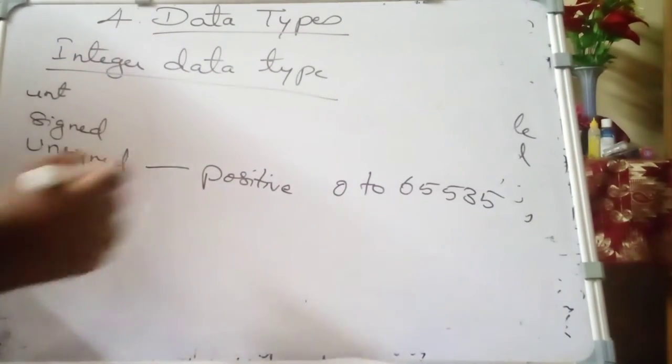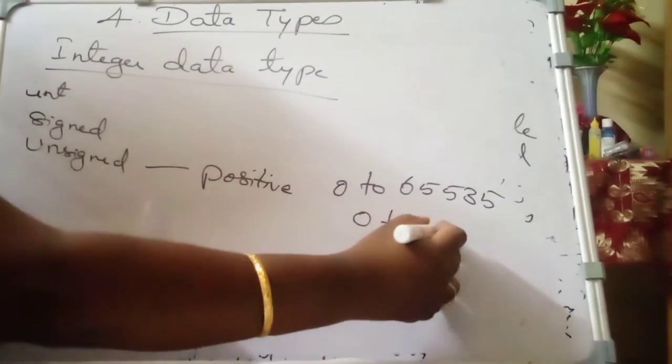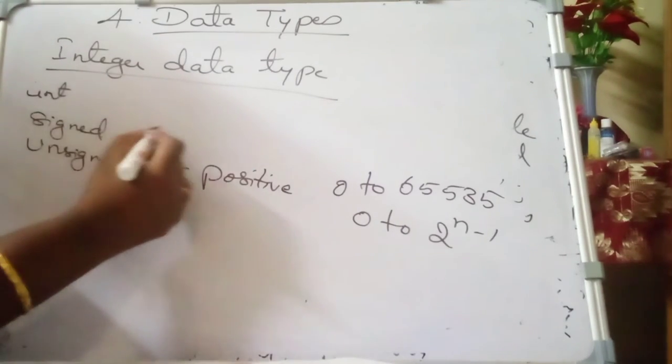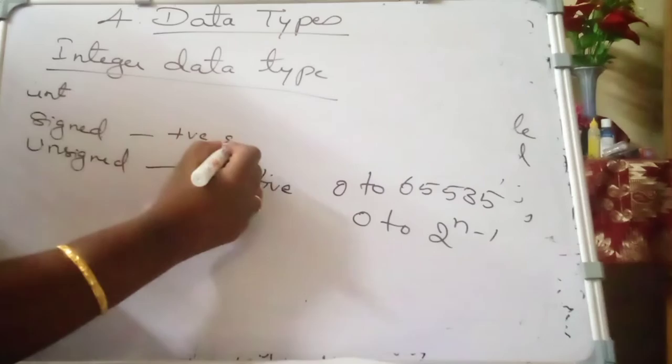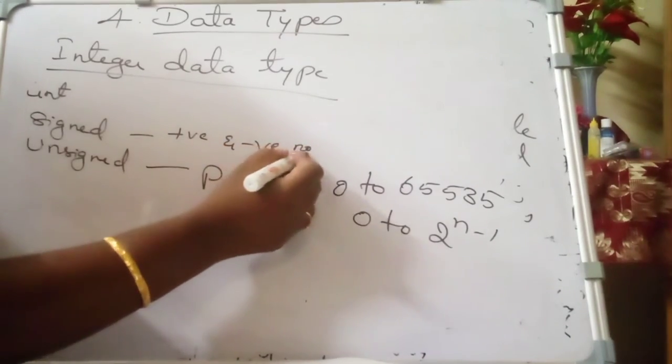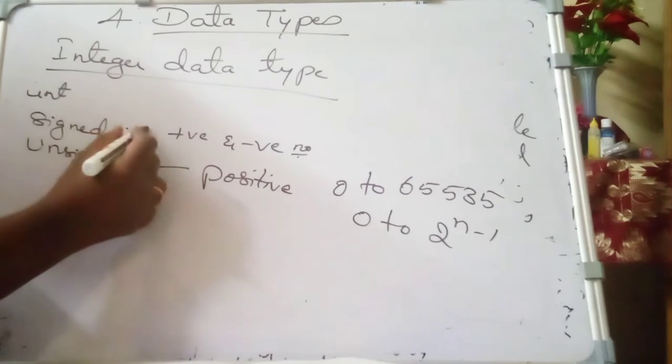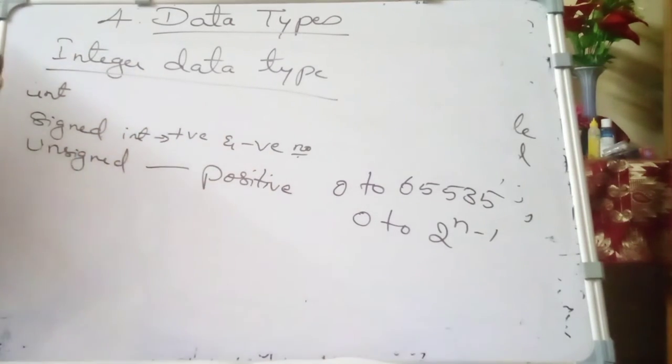Okay, that is, we write it as 0 to 2 raised to n minus 1. And suppose I am using signed int, it includes both positive and negative numbers. So the signed int will represent both positive and negative numbers.